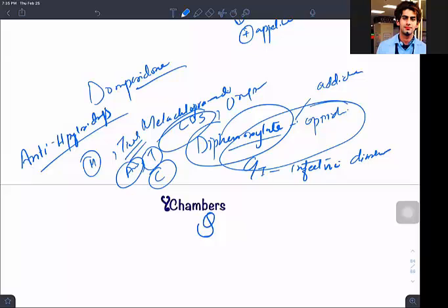Famotidine. Very nice. Can you tell us names of some antacids? They include magnesium hydroxide, calcium carbonate, aluminum hydroxide.